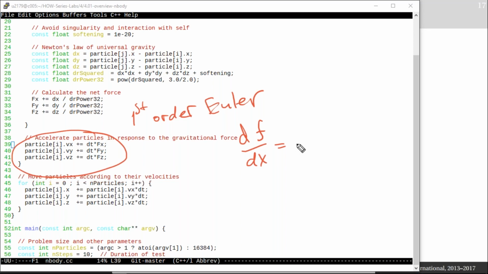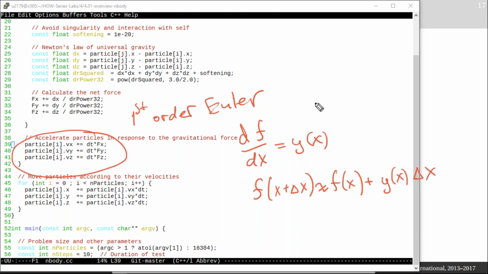df/dx equals y of x, using the approximation f of x plus delta x is approximately equal to f of x plus y of x delta x.